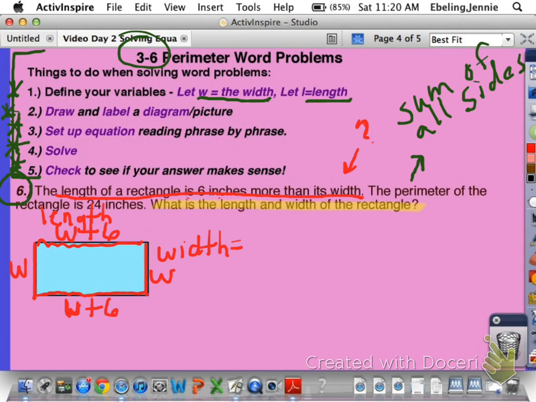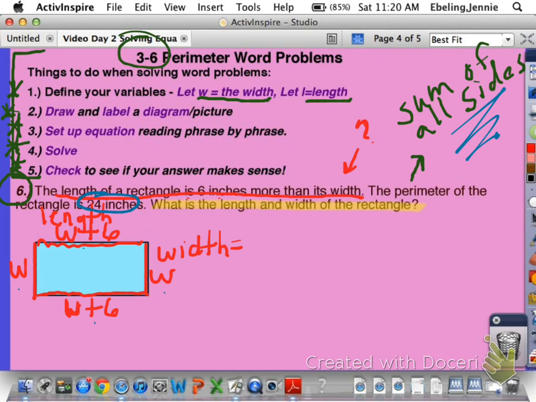Alright, now the second sentence says the perimeter of the rectangle is 24 inches. So I know the perimeter. I know that that's going to be 24 inches. And perimeter was the sum of all the sides. So I'm going to take all of these sides and I am going to add them up.